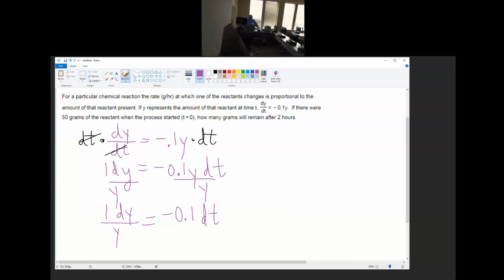Once you've separated the variables and got them on their individual sides, the next step is integrate each side. On the left side, the integral of 1 over y dy is a natural log of y.